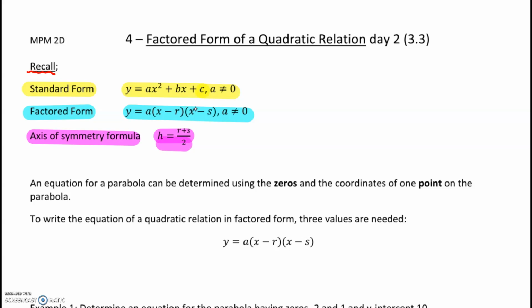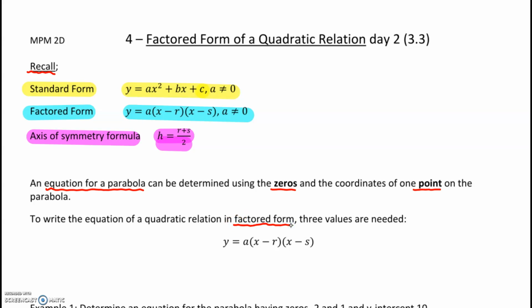So what we're going to focus on today is getting an equation. We're going to make the equation for a parabola, and we're going to do that using the zeros and the coordinates of 1 point on the parabola. So we're going to write the equation in factored form.